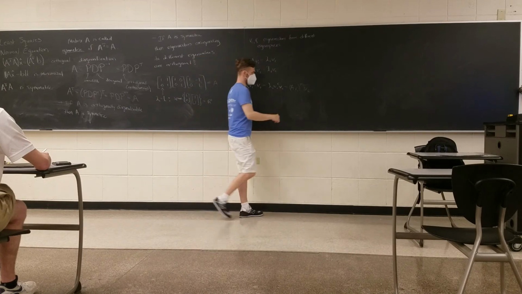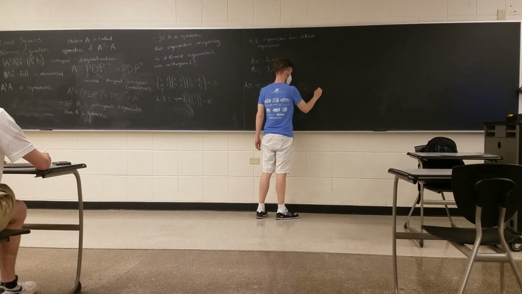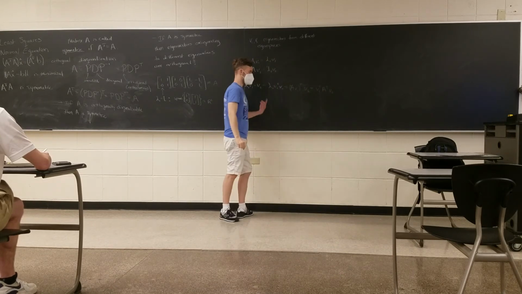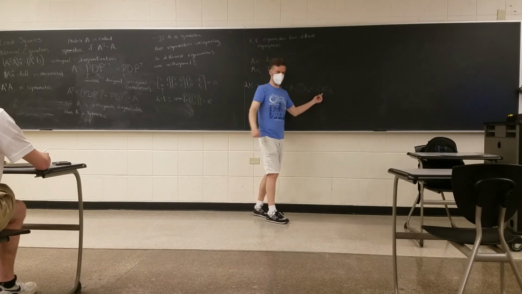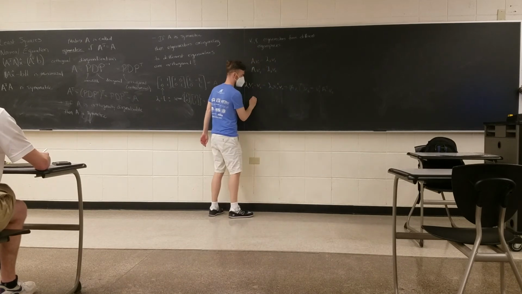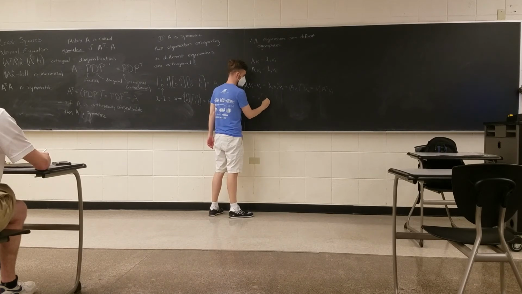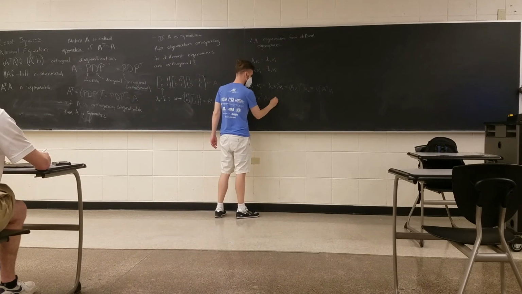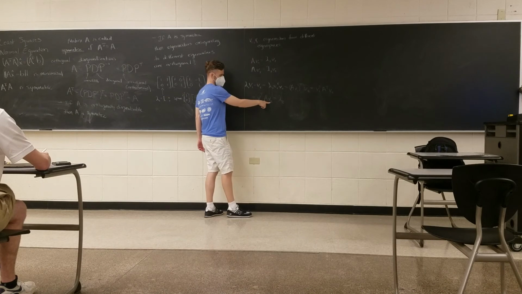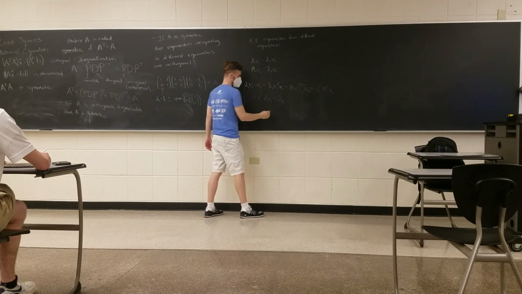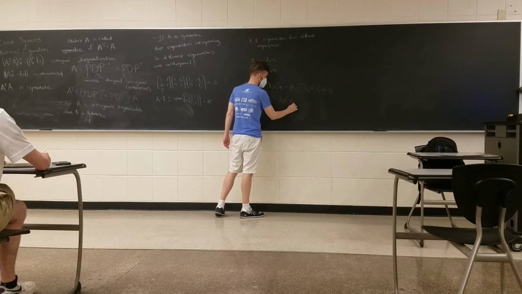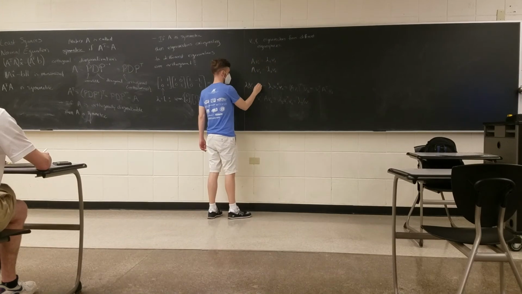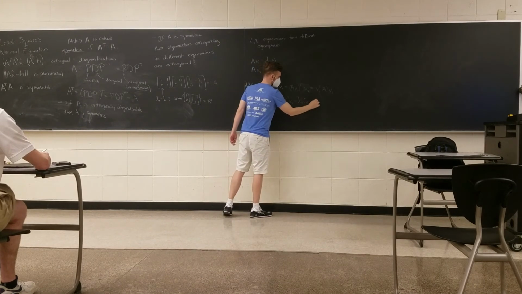And by what we know about how to take transposes of products, this is v1 transpose A transpose v2. But A is symmetric, so A transpose is just A. So that's A v2, and A v2 is a scalar times v2, so I'll pull it out front, and that gives me lambda 2 times v1 transpose v2, which is v1 dot v2.